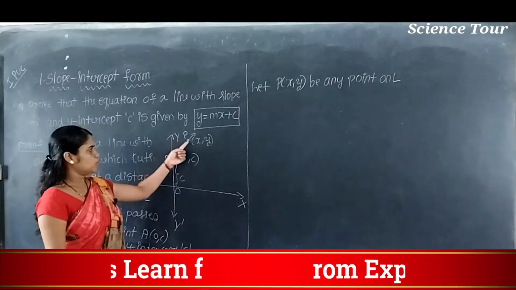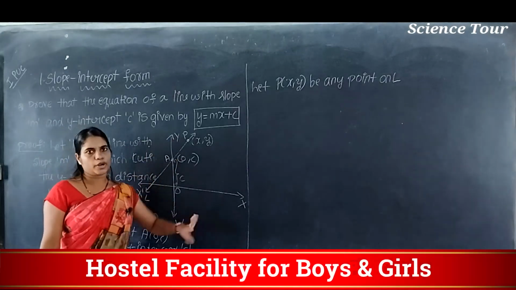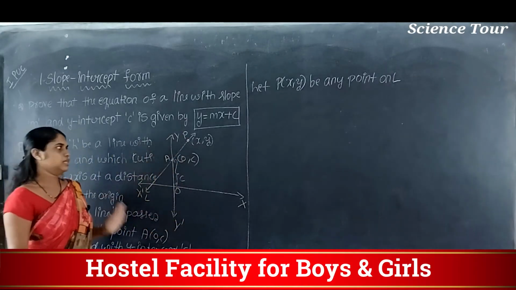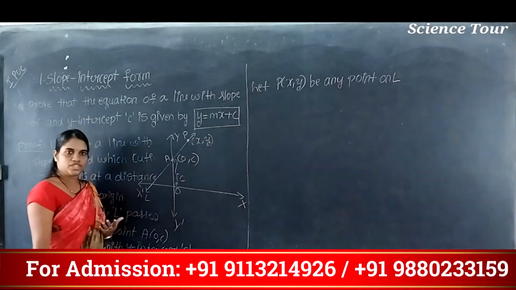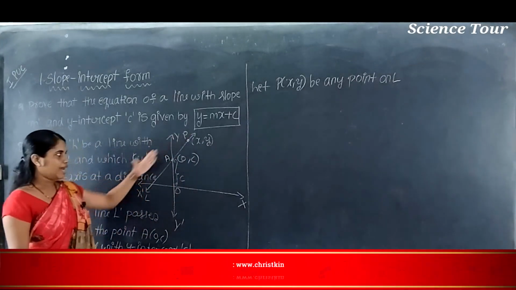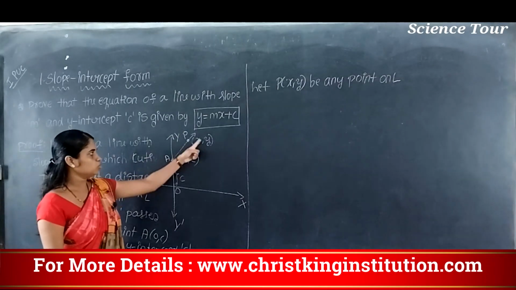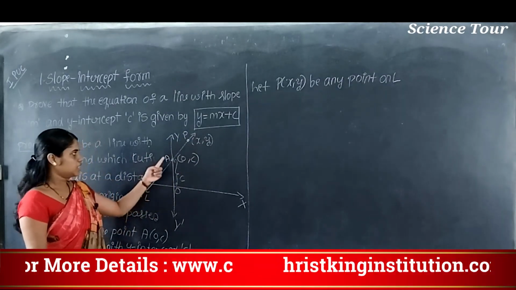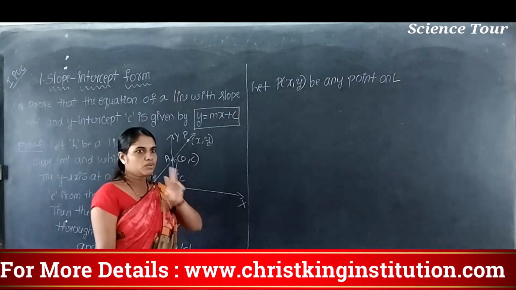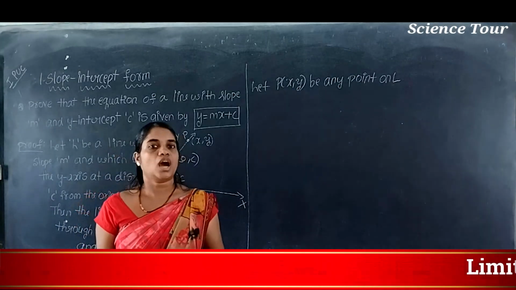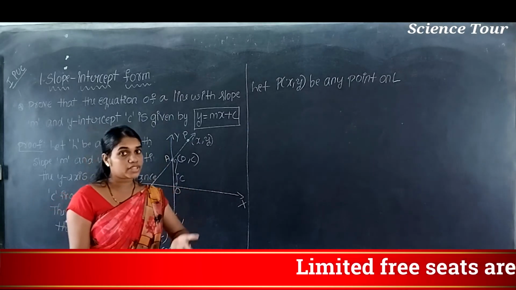Let P be any point on this line L. So now students, you can observe here, your line L is passing through 2 points, isn't it? One is A and another one P. So if we have 2 points on the line, then how to find the slope of that line?